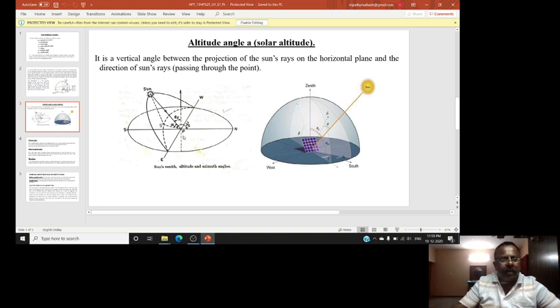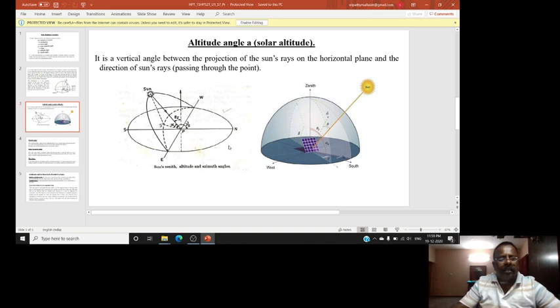So the complement of the zenith angle is the solar altitude angle alpha. Hence, theta z is equal to pi divided by 2 minus alpha. So pi divided by 2 minus alpha is nothing but the zenith angle.